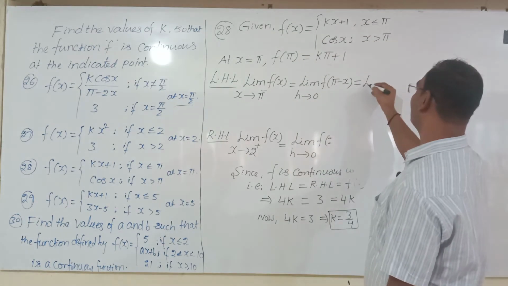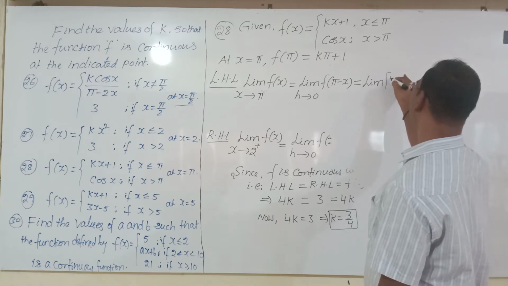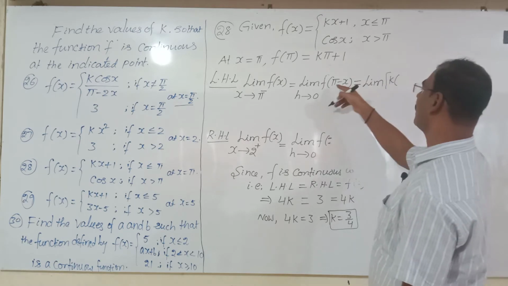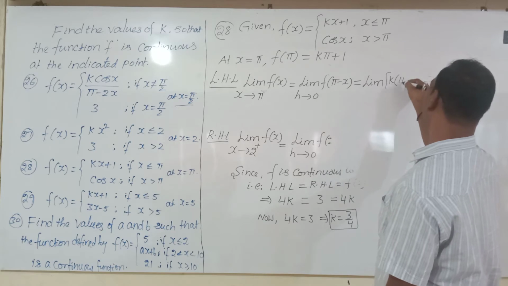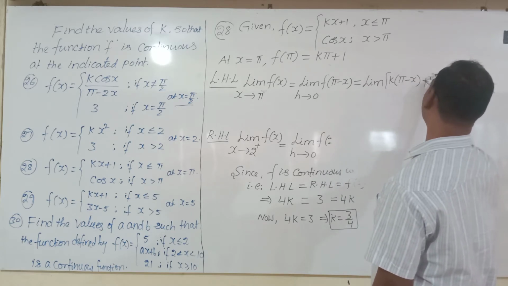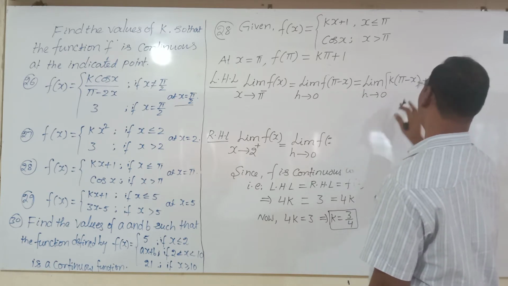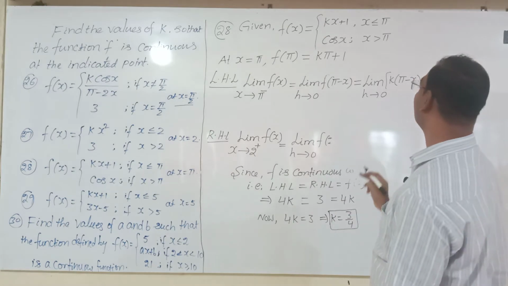So that is the limit of k into pi minus h plus 1 as h tends to 0. Now apply the limit.